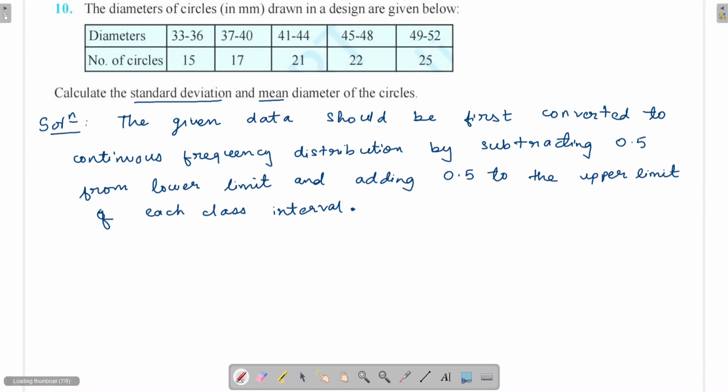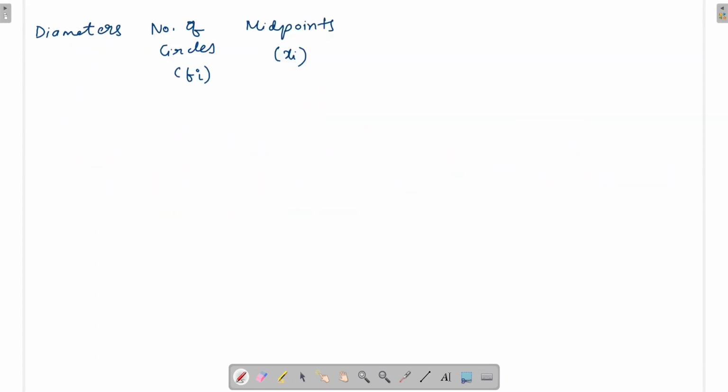Then we should write Yi, which is equal to Xi minus A divided by H, then Yi square, right? Then Fi Yi, and then Fi Yi square.